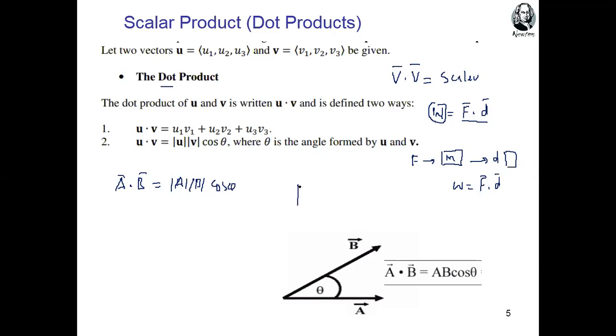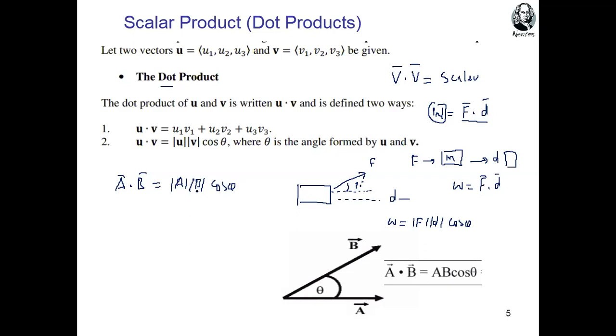For example, when you apply force on a body and this force makes an angle with the horizontal x-axis, like 30 degree, 40 degree, the body displaces some distance. Then work is equal to F magnitude, D magnitude, displacement magnitude with cosine of angle. So A dot B is equal to A magnitude, B magnitude with cosine of theta.